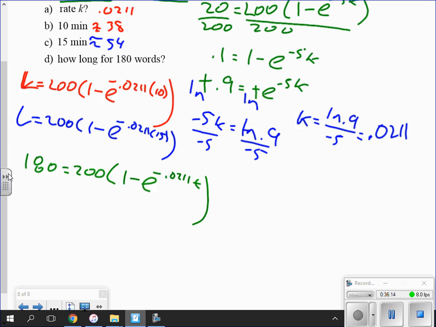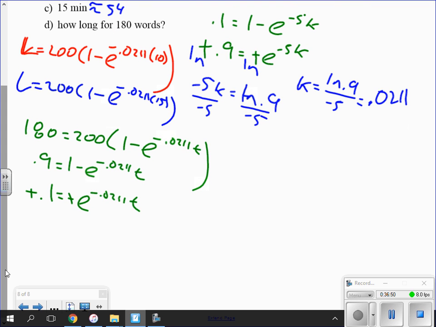It's exactly the same steps. Divide both sides by 200. So you end up with 0.9 equals 1 minus e to the negative 0.0211 t. Subtract 1: negative 0.1 equals negative e to the negative 0.0211 t. Multiply both sides by -1 to make them both positive.